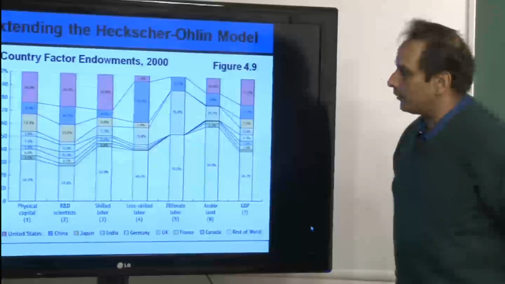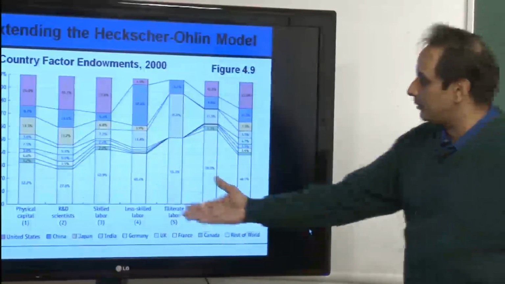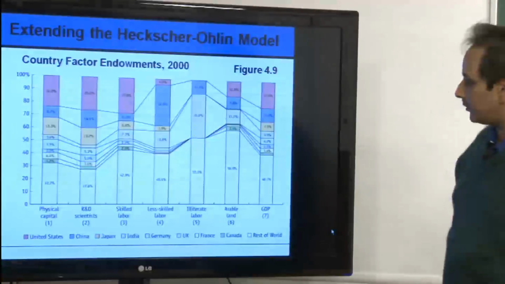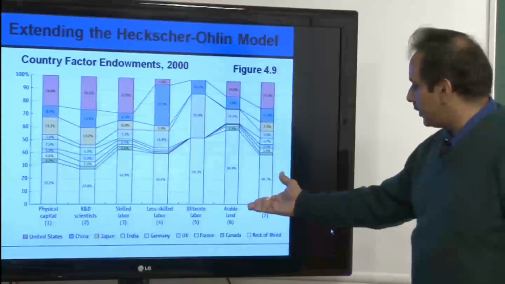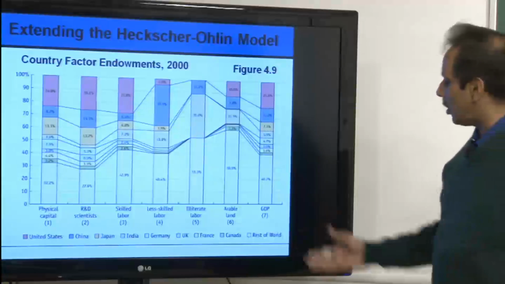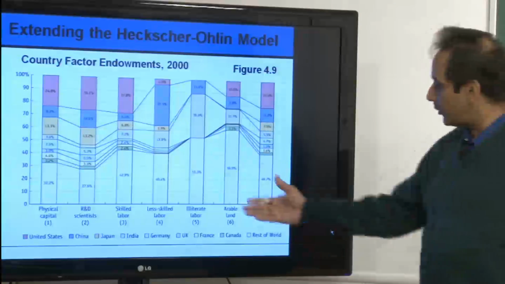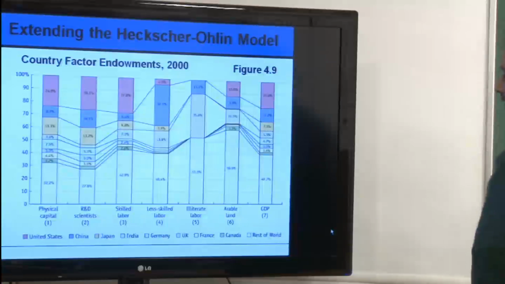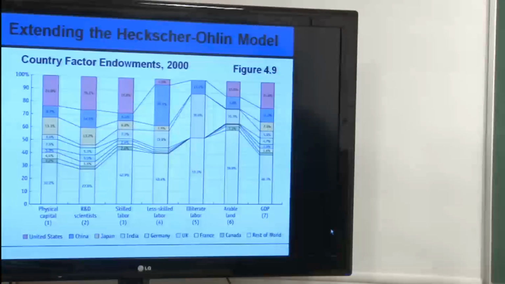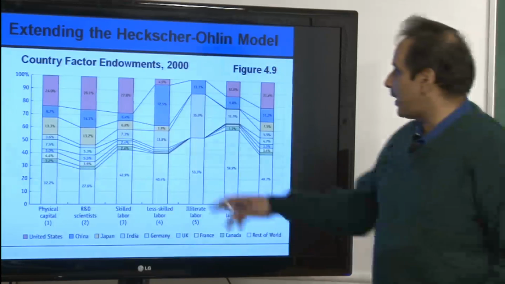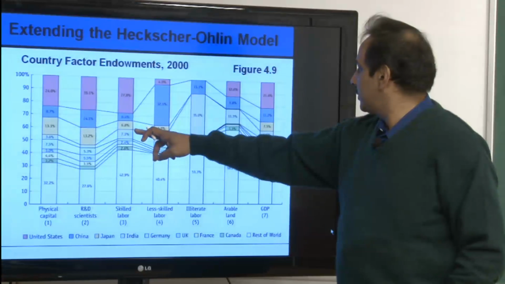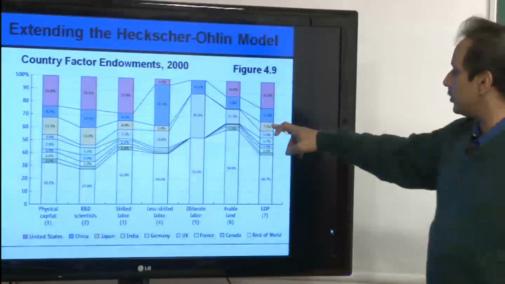But this may not give the correct figures always, because from here it seems that China is rich in R&D scientists. From here it seems that US is not rich in arable land. From here, as far as skilled labor is concerned, you can see that Japan's skilled labor share is less than its GDP share.